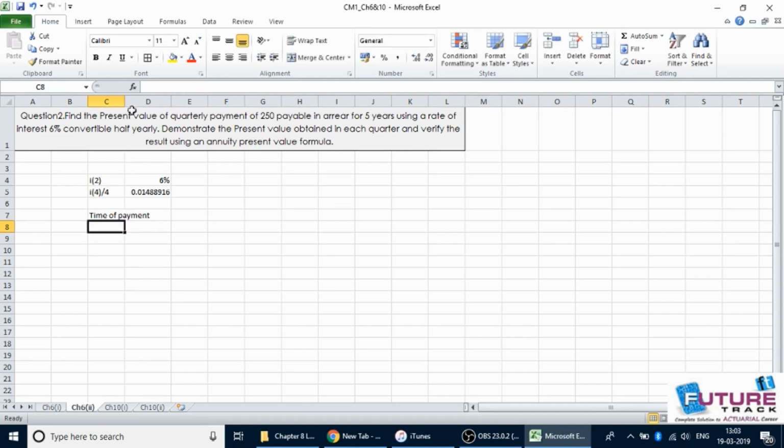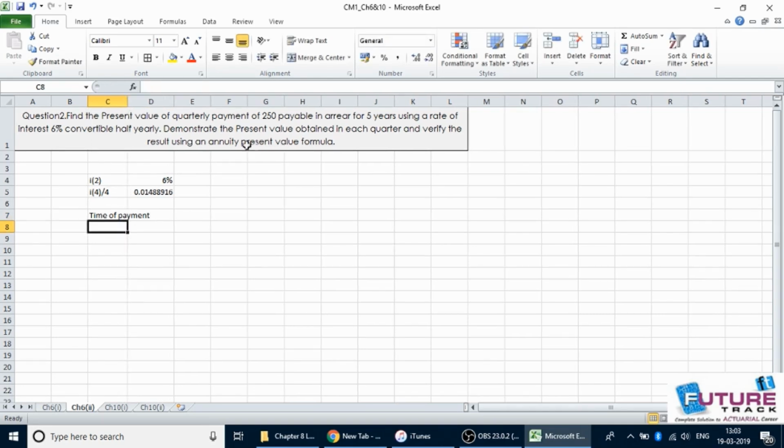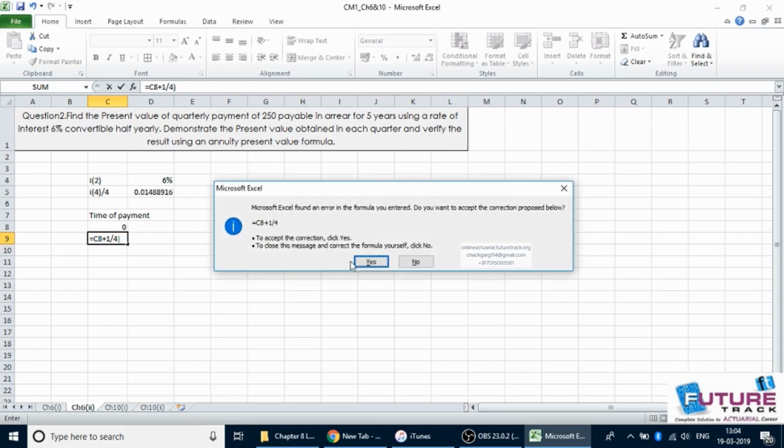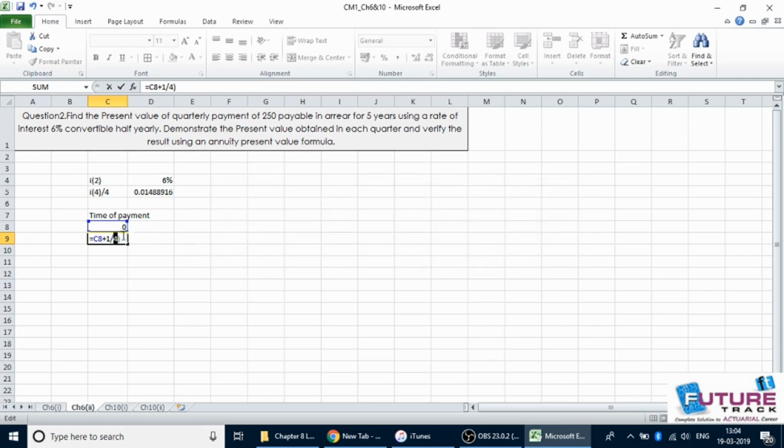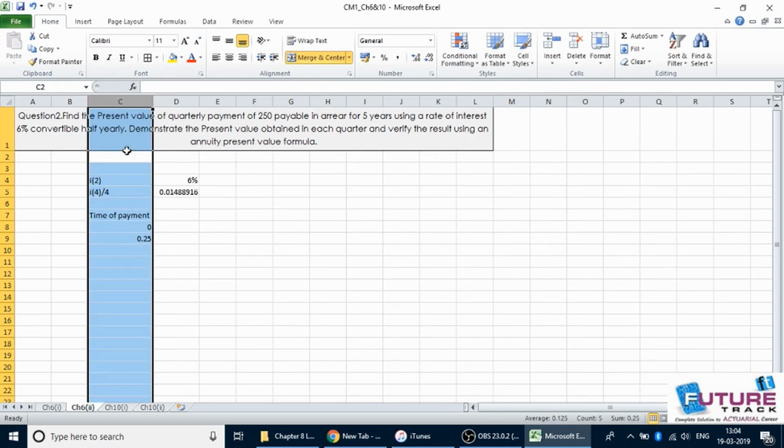First, this is the annuity in arrear, so it starts at 0. So next payment is 0 plus 1 by 4, right? So what I have done, don't write 0 even, give the reference. So above reference plus 1 by 4, fine, and put 1 by 4 in bracket, or you can write 0.25 also. So time of payment is 0.25, right?